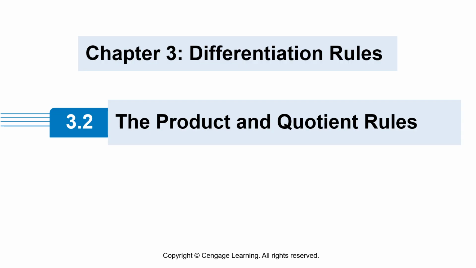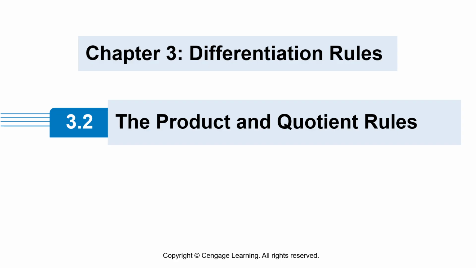In section 3.1, we learned some shortcuts for finding derivatives of polynomial and exponential functions, but there are still a lot of other types of functions. So a common situation that we see is a function that actually consists of a product. So you might have two functions of x multiplied together to create a more complicated function.